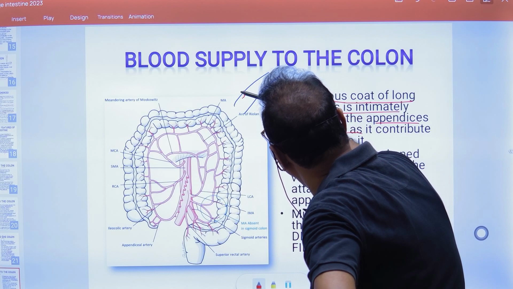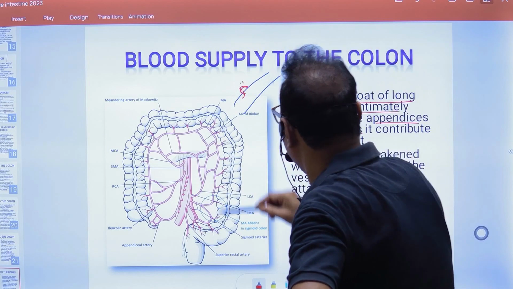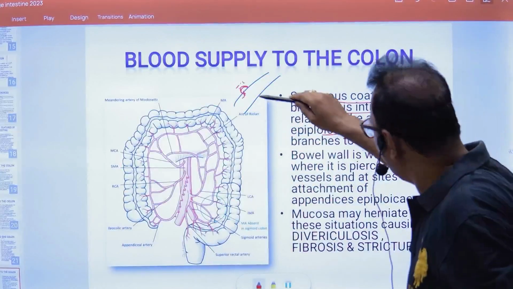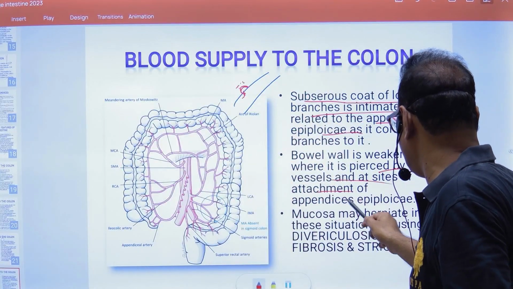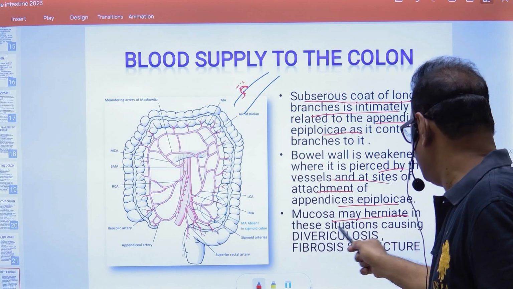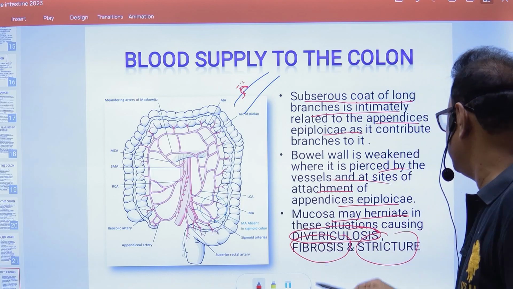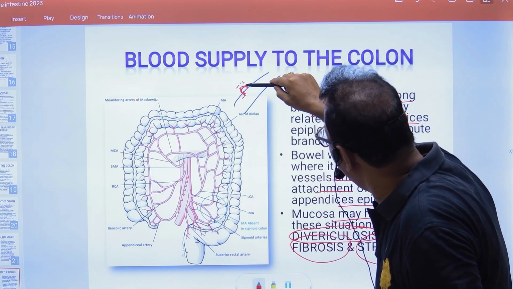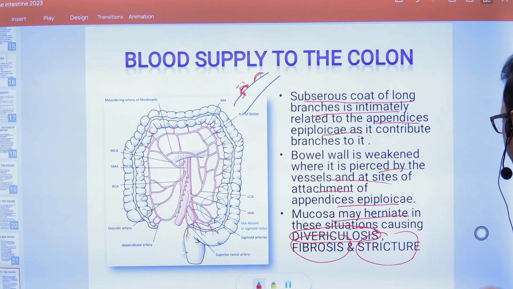What will happen? There will be a pouching over here, and we have the peritoneum over here with the omentalis. This outpouching wall will weaken and will be pierced by the vessels at the site of attachment of the appendices epiploicae, and the mucosa may herniate in this situation. This creates diverticulosis, fibrosis, or a stricture. So this outpouching will create the diverticulum.